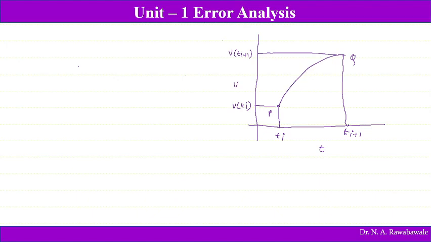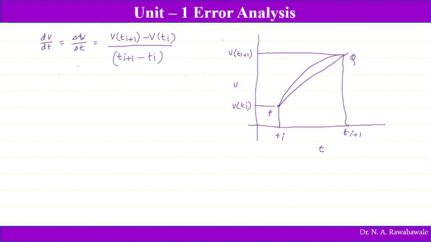Now if we take the slope of this curve considering the initial and final points, P and Q, we can write this slope as dv by dt equal to delta v, the change in velocity, divided by the change in time, that is v of ti plus 1 minus v of ti divided by ti plus 1 minus ti.